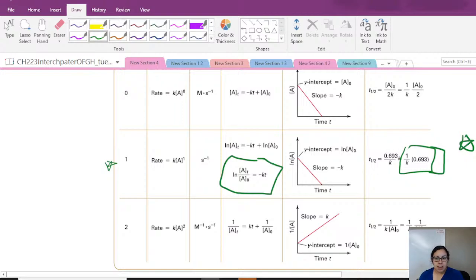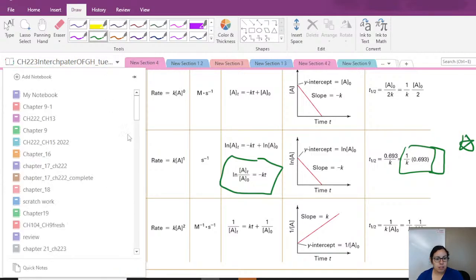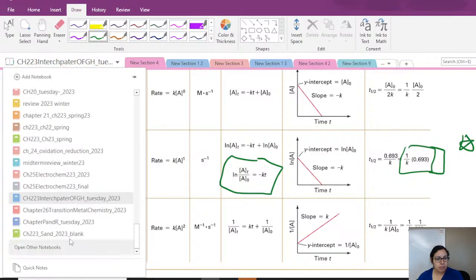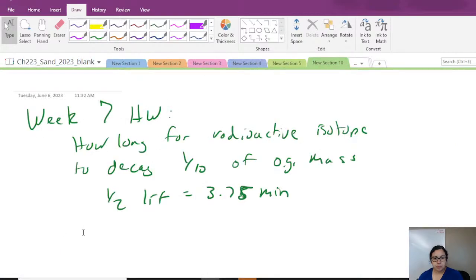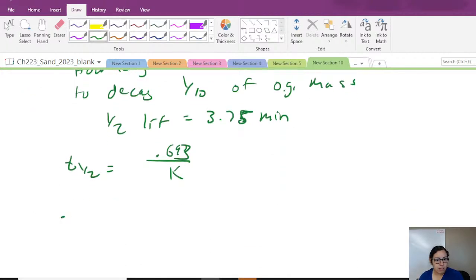We're given the half-life, so the first thing I would do is plug in for our K, using this form: the half-life is equal to 0.693 over K. So then we have 3.75.